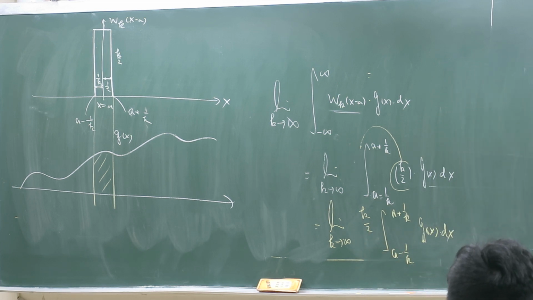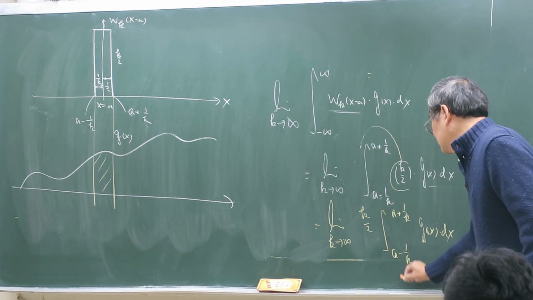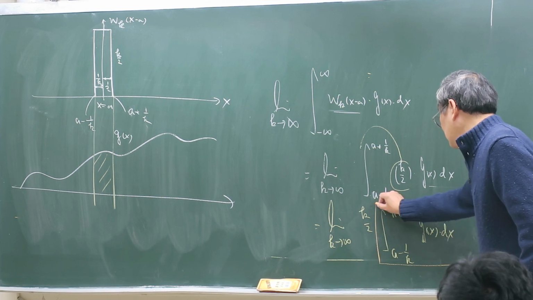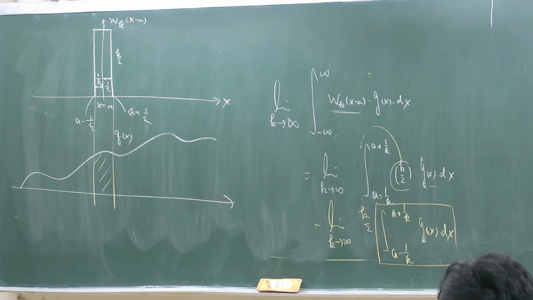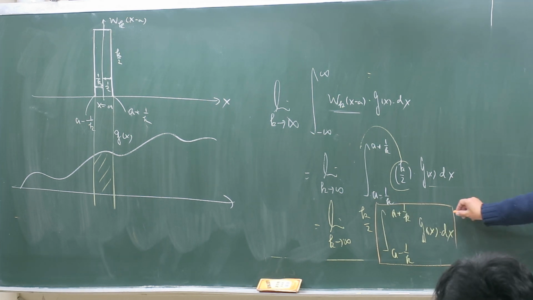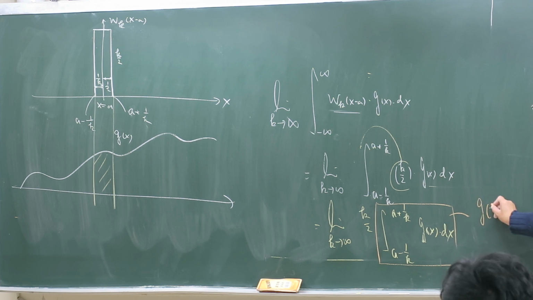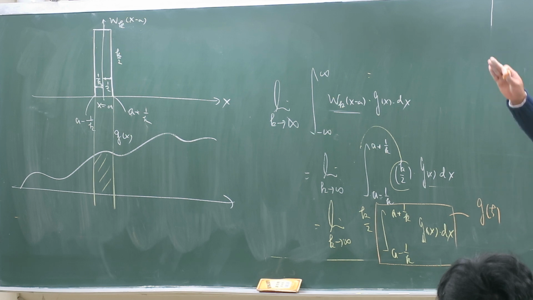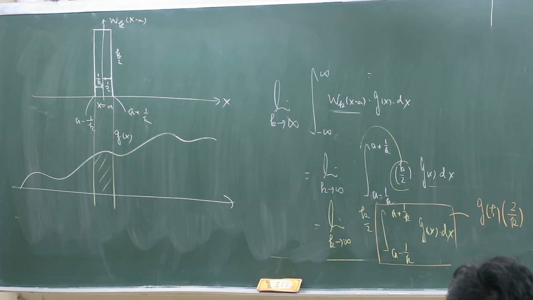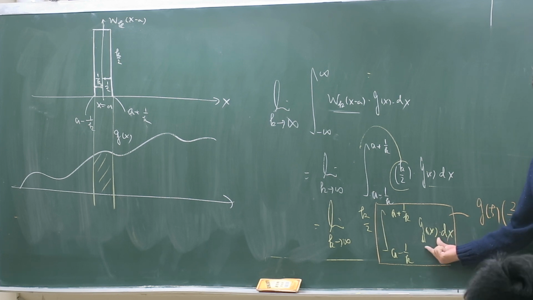And for this integration we can use something like the mean value theorem. Can we use g at some c value? Because c is between that range, as a representative height, times the width 2 over k. This is the area, right?